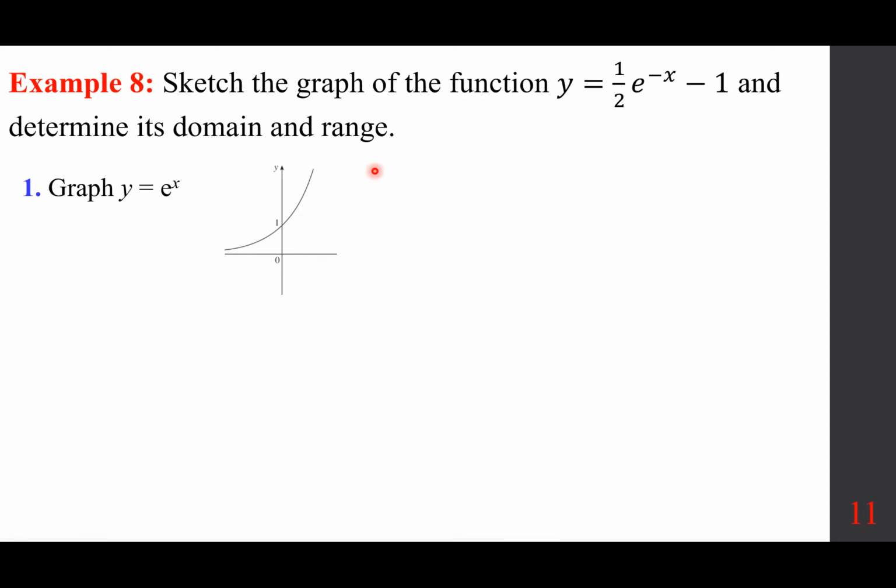The larger the base, the closer to the y-axis, okay? But they basically look the same. So we got e to the power of x. Then the next one is e to the power of minus x. So if you're changing x to minus x, it flips over with respect to the y-axis.